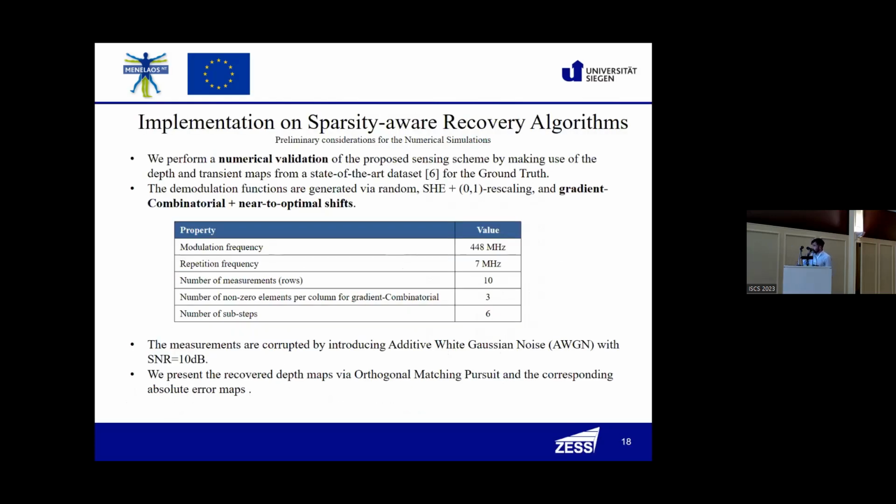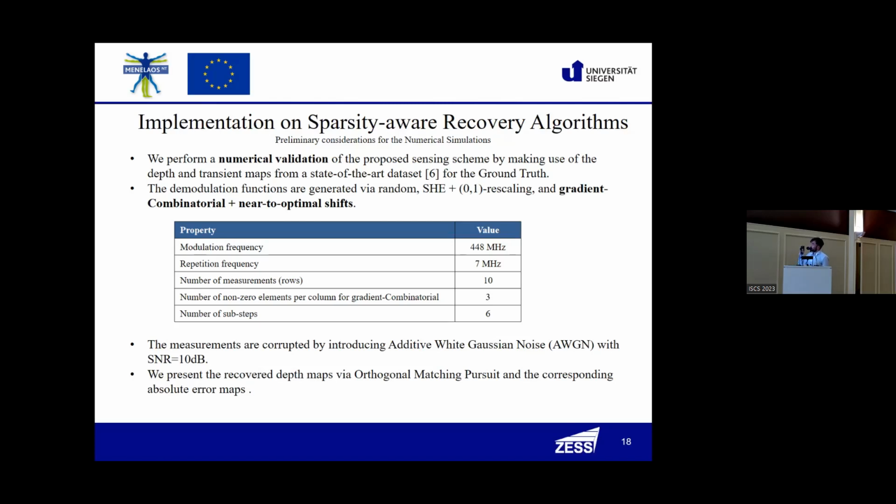Now we can see the whole procedure, from the random approaches to a deterministic approach, and then to the semi-deterministic approach that we produce using a combination of non-zero elements, using low density codes. Then we implement the evaluation step to avoid a coincidence of rising and falling edges, and then we implement the time shifting. We check our results via numerical simulation using a state-of-the-art data set.